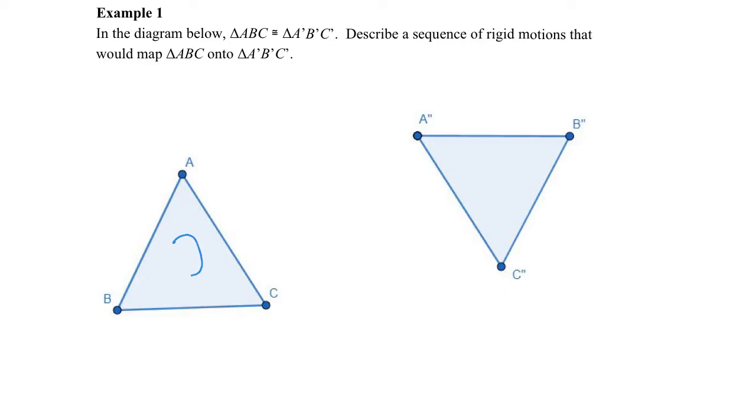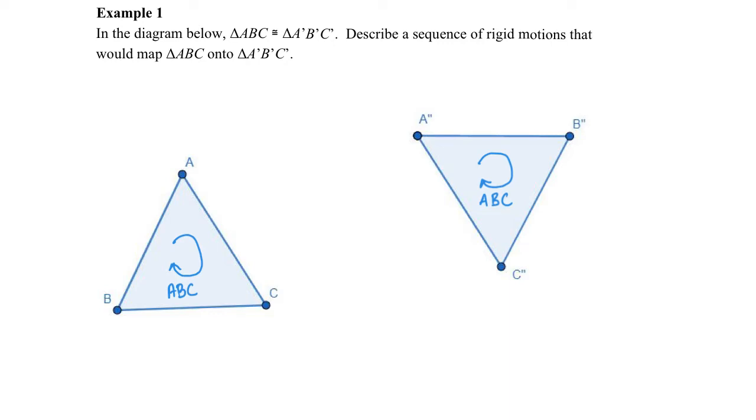If I start at A and go clockwise, I have A, B, C. Notice that if I go clockwise from A here, I have A double prime, B double prime, C double prime. So it looks like there's no reflection here. This is just a translation to get points mapped onto each other, and then a rotation.